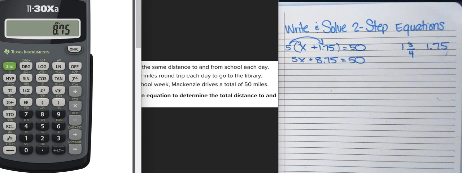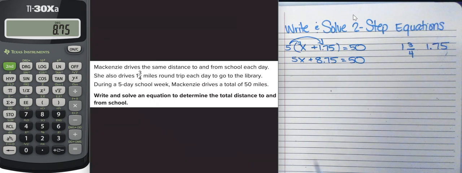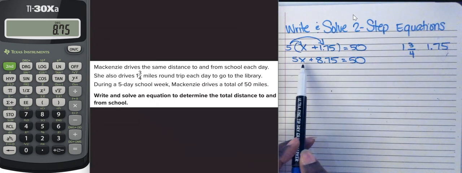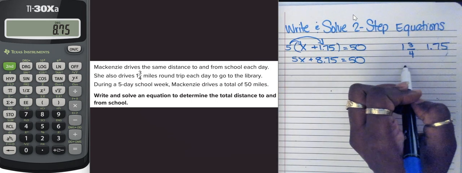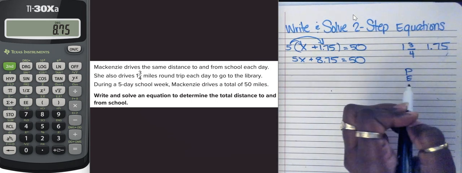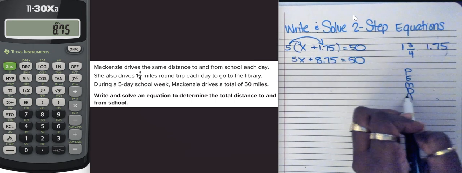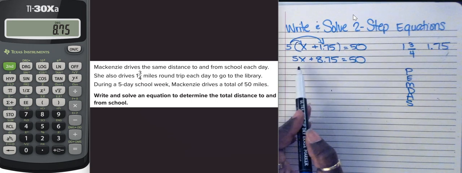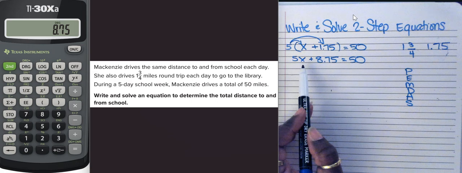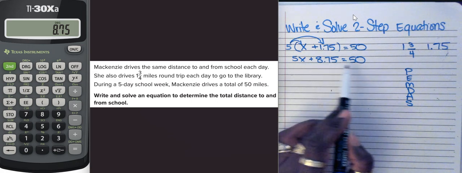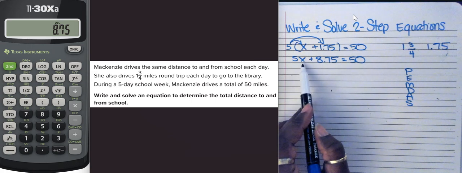Okay. So now what we need to do is ask ourselves, is our variable isolated? I see that it's not isolated. So let me go back to PEMDAS. Because we're not solving an expression, we actually have the equation, the variable needs to be isolated.